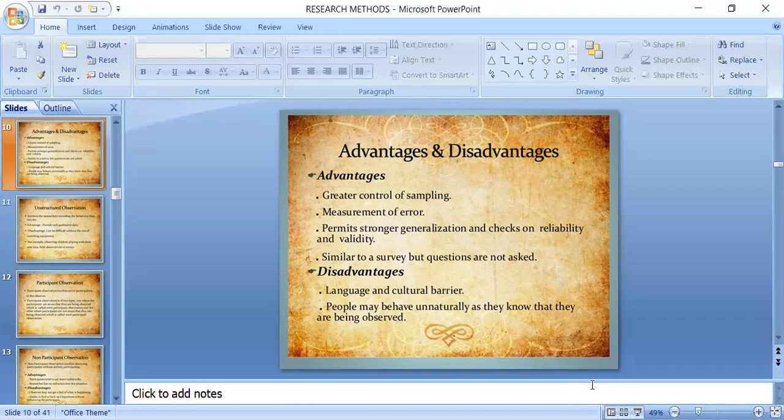And some disadvantages that we talked about for naturalistic observation, in summarized form: it is difficult to convert data from natural observation into quantitative terms. And one other highlighted disadvantage is that different observers observing the same behavior may conclude differently. Why does this happen?